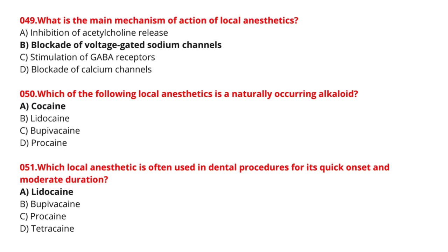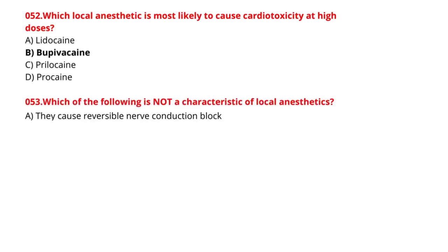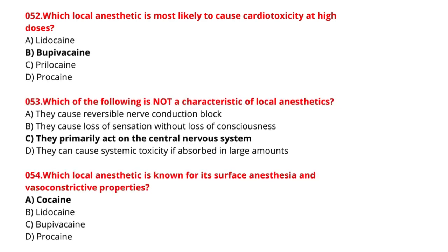A. Lidocaine. B. Bupivacaine. C. Procaine. D. Tetracaine. Answer is A. 052. Which local anesthetic is most likely to cause cardiotoxicity at high doses? A. Lidocaine. B. Bupivacaine. C. Prilocaine. D. Procaine. Answer is B.